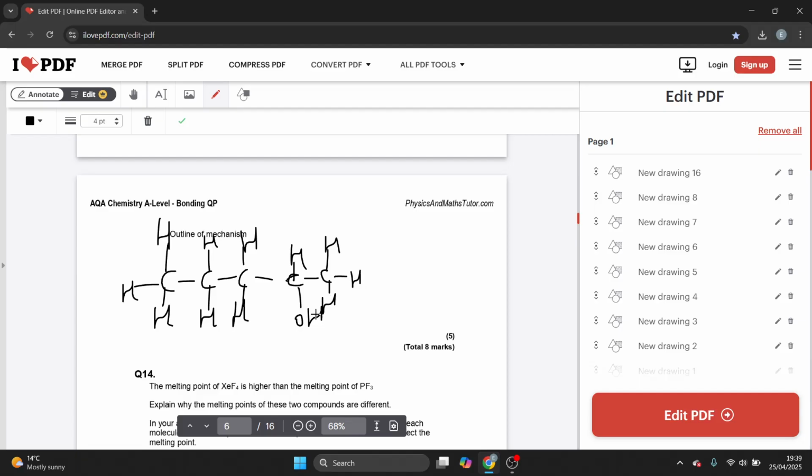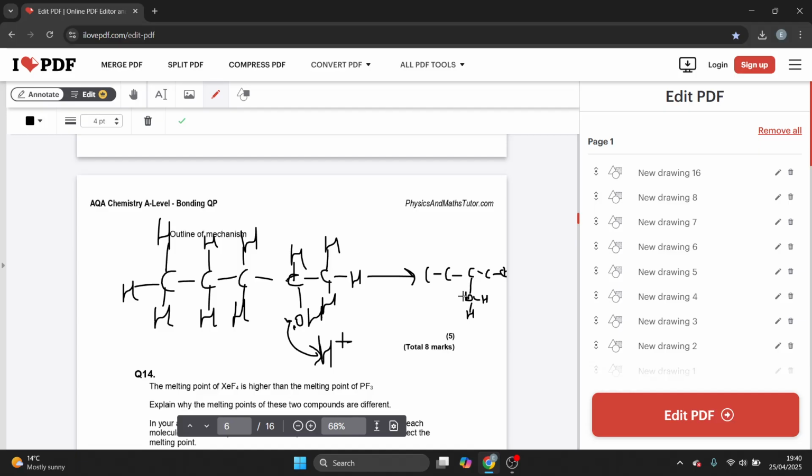And then what happens? Well, remember, with this mechanism, I've got an H+ lying here. I've got this oxygen with a lone pair of electrons, and it bonds to this H+. Then you've got your CH3, that's CH2, but basically the oxygen becomes protonated.